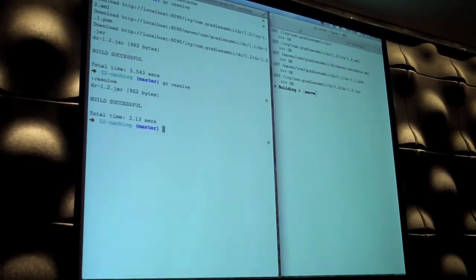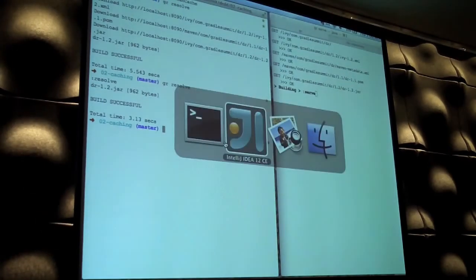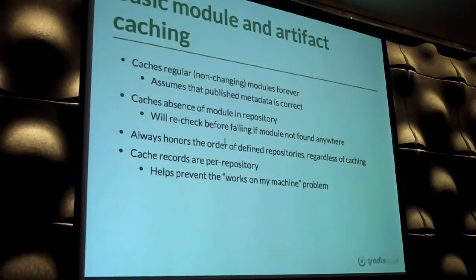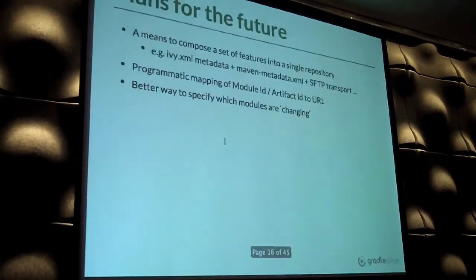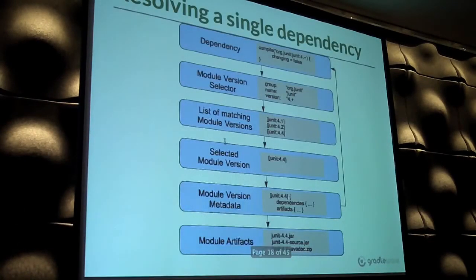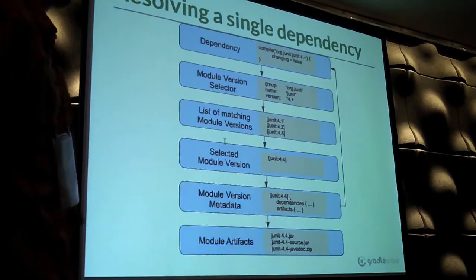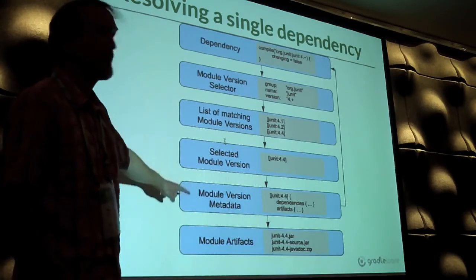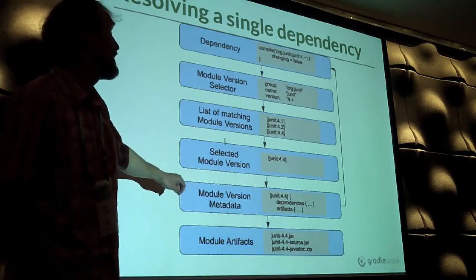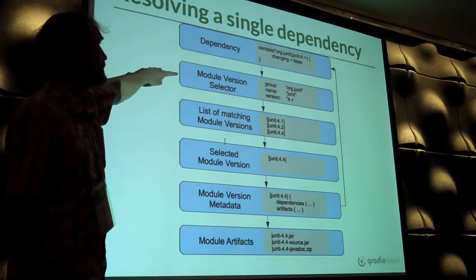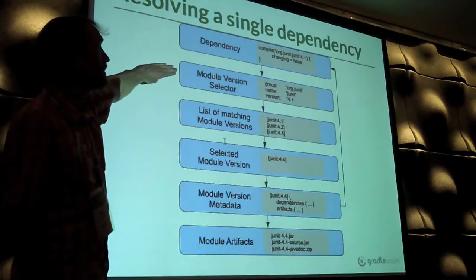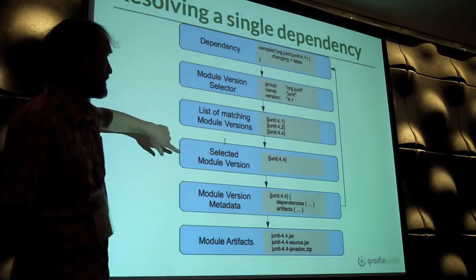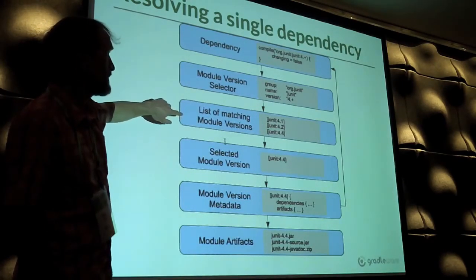There's an extra piece of information cached here, if you remember the blue diagram I had earlier. I might even flick back to it, hang on a second. So we're caching the metadata for a selected version, and we're also caching from here to here: given a selector, give me the list of matching versions.